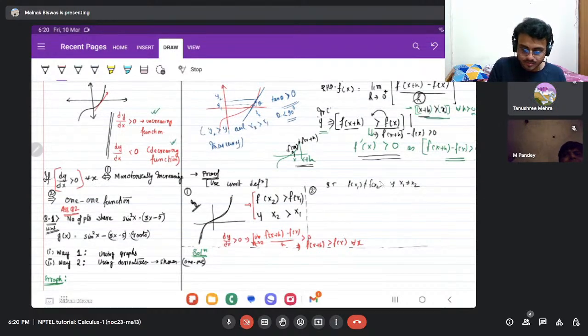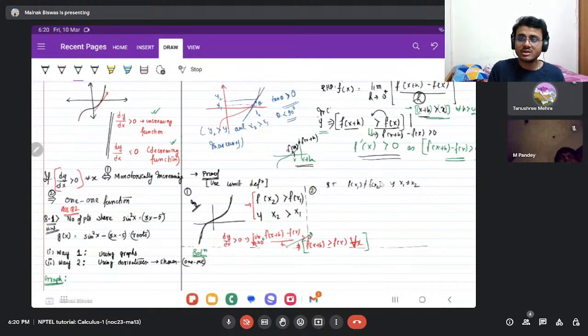I'm just multiplying by h and taking f of x to the other side, considering only the right hand side of the limit.